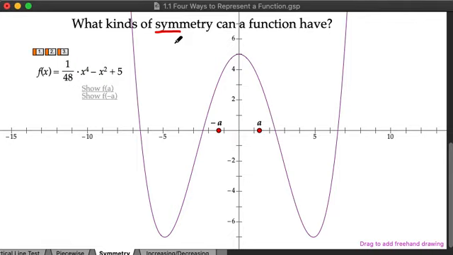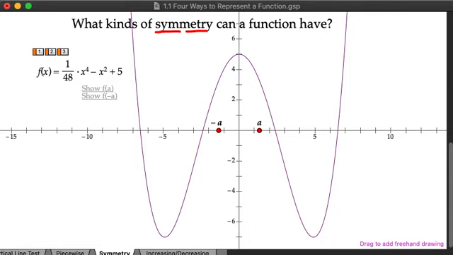And metric is a measurement. So symmetry is a quality of having the same measurement somewhere.